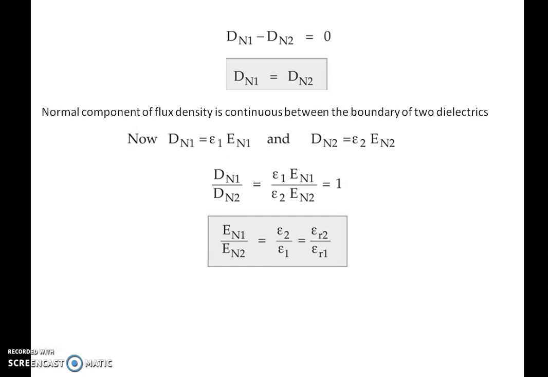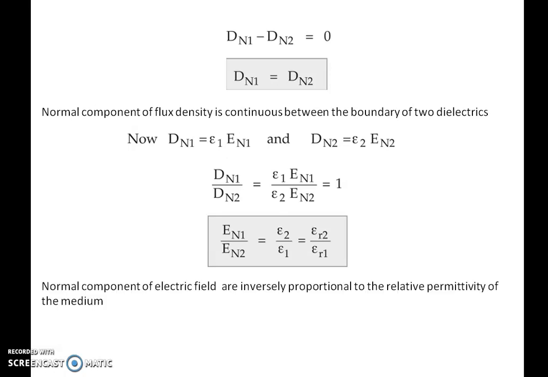Which means the normal component of field intensity is inversely proportional to the permittivity of the dielectric medium. So it depends on dielectric medium 2 and medium 1. So EN1 by EN2 is equal to epsilon 2 by epsilon 1, which is equal to epsilon R2 by epsilon R1. So the normal component of electric field is inversely proportional to the relative permittivity of the medium.